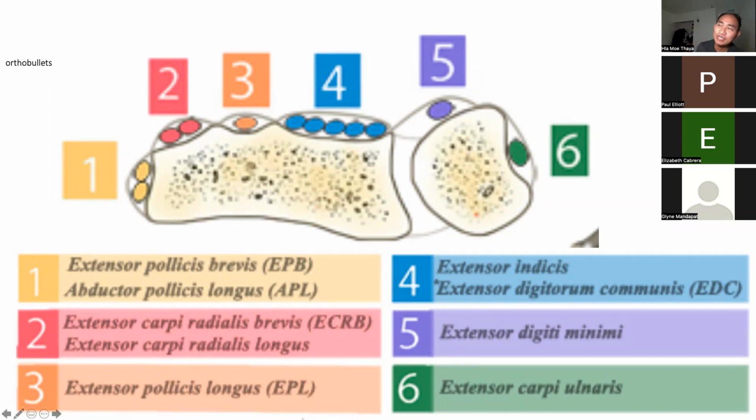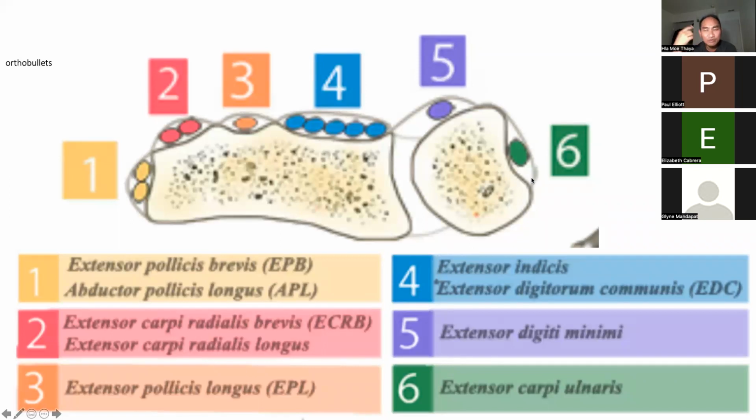And now if we appreciate it, the first group, yellow, 2 tendons or 2 muscles. Second group, 2 muscles, which will become 2 tendons. Number 3, only 1 muscle, which will become 1 tendon. Number 4, like 4 or 5 tendons. And number 5, only 1, and number 6, only 1.